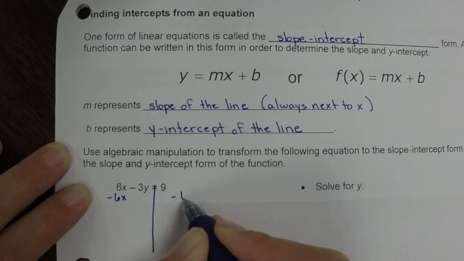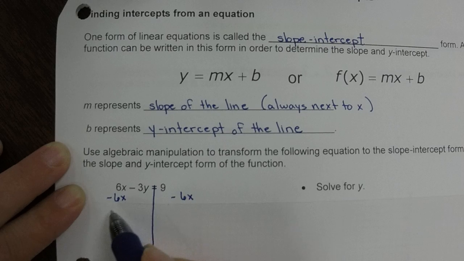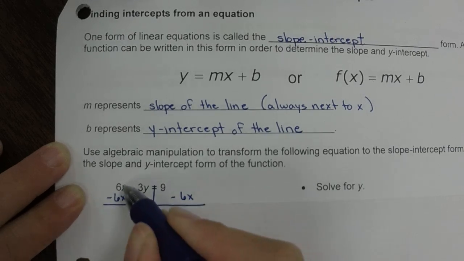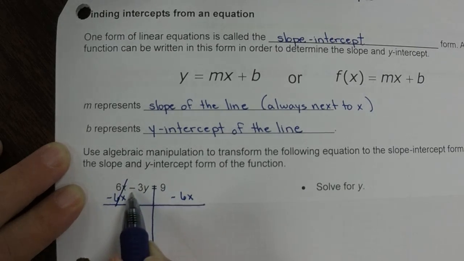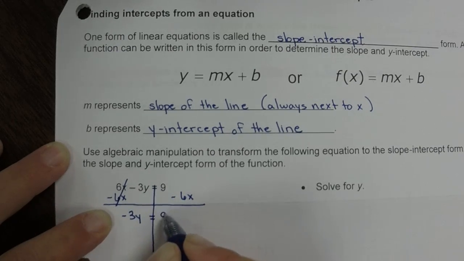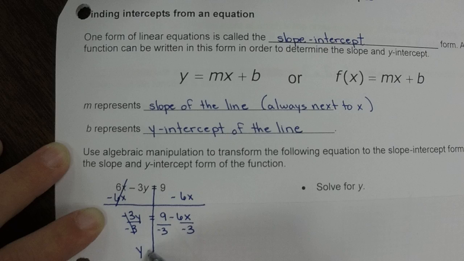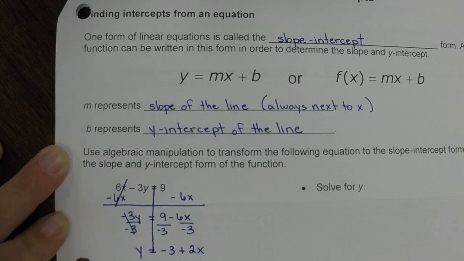And remember, I don't put it directly under the 9 because this does not have an x and this does. So these would cancel. Do not lose that negative. So we have negative 3y equals 9 minus 6x. Then we would divide by negative 3, divide by negative 3, divide by negative 3. And I get y equals negative 3 plus 2x.